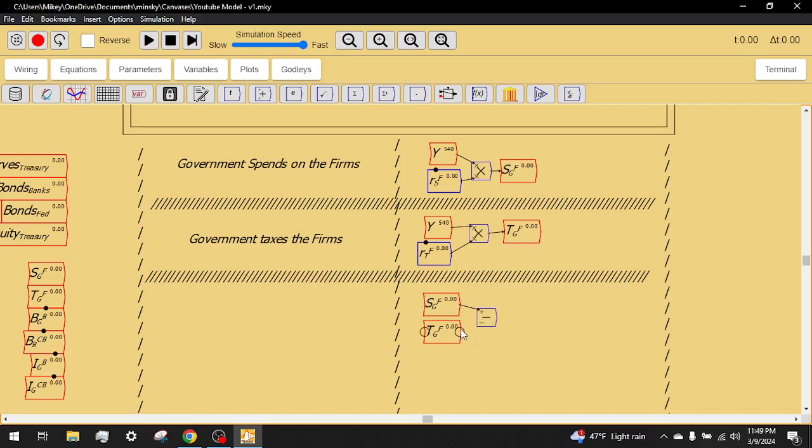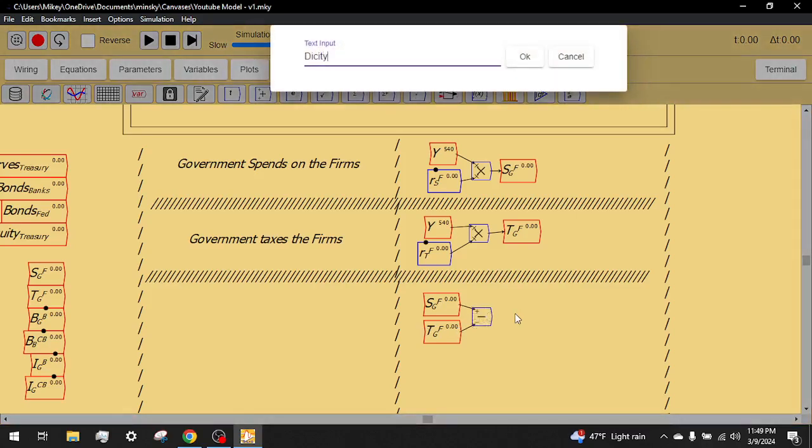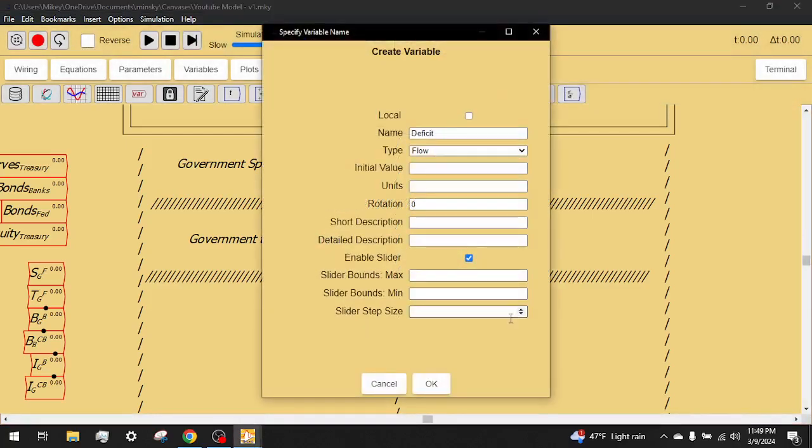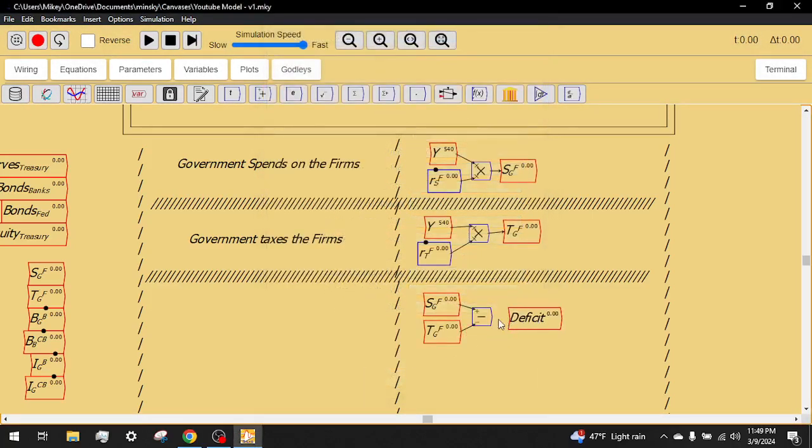So the spending minus taxation is going to be equal to what we call the deficit, and the deficit, by law, must be funded, quote unquote, through the sale of bonds. So the bonds that the government sells to the banks is going to be equal to the deficit.